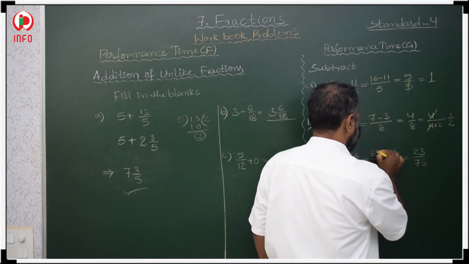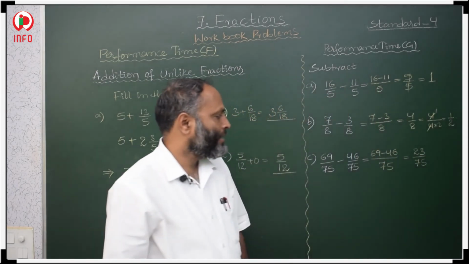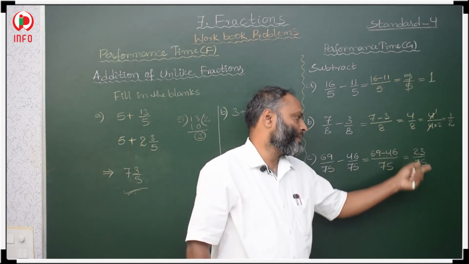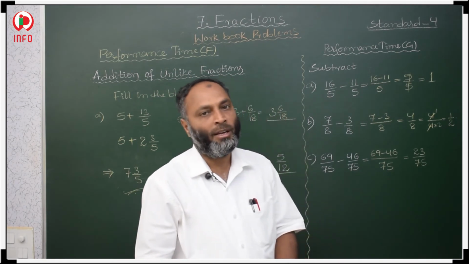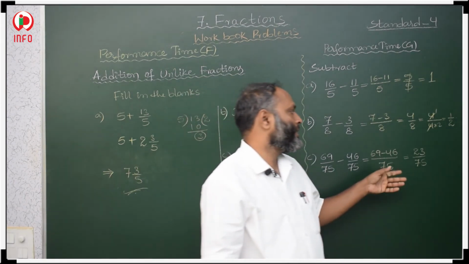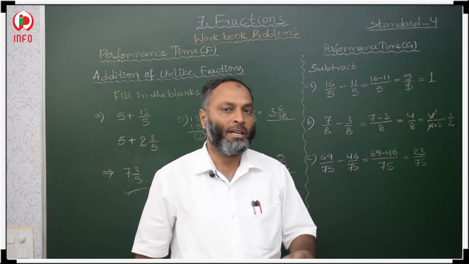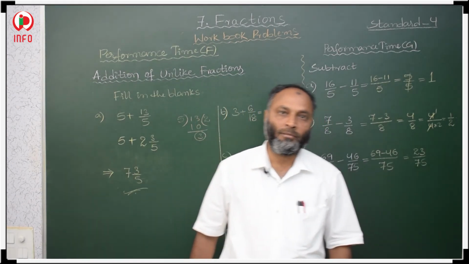This is the difference of these two fractions. 23 is a prime number, no need to cancel further. Okay. So this is the simplified form of the difference of the given fractions.